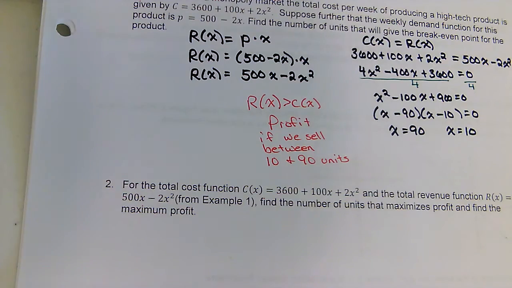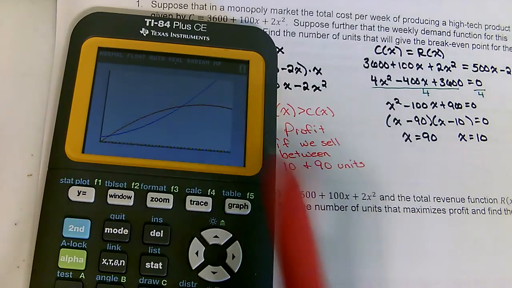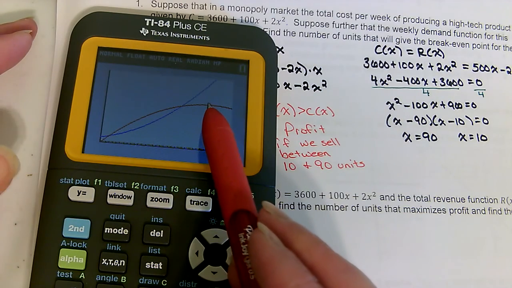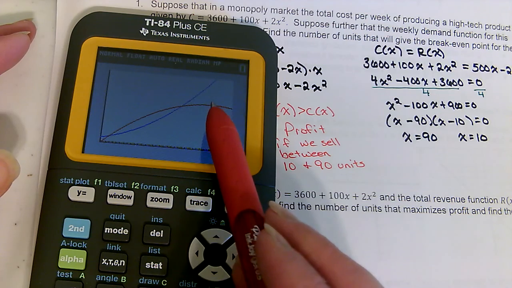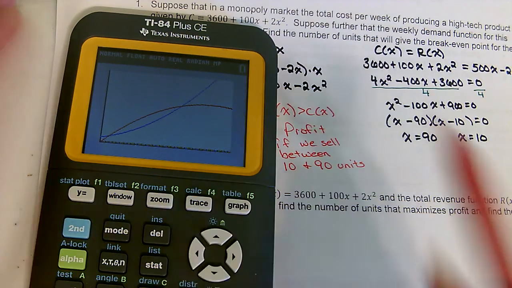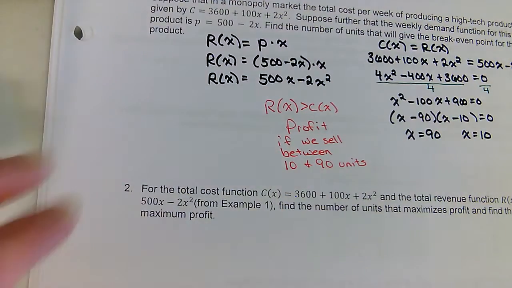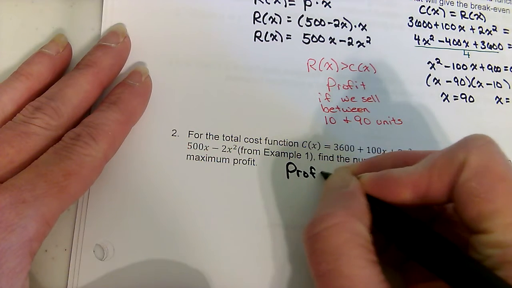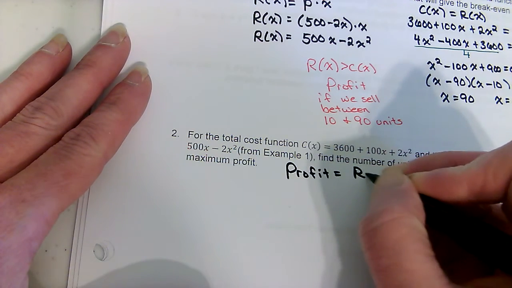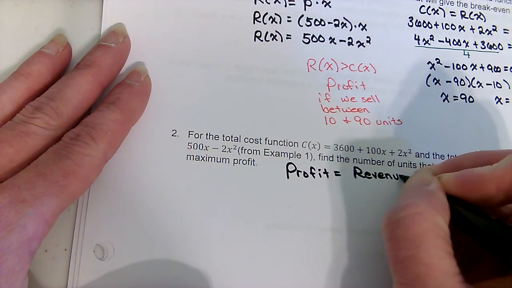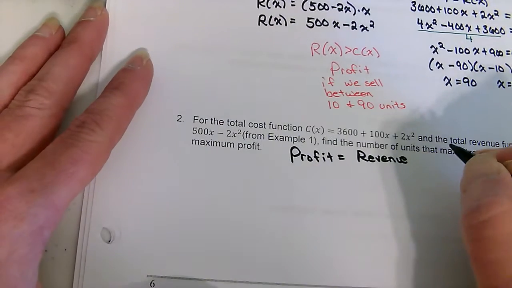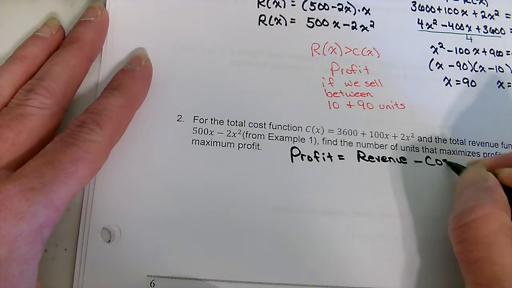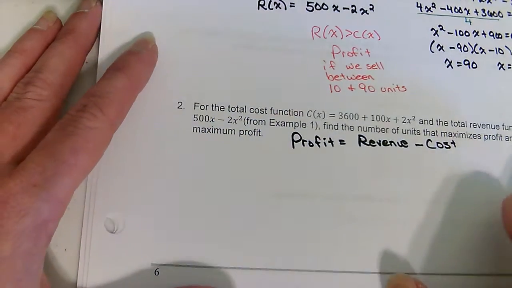So it doesn't say maximum revenue, because you see that the revenue function actually has its maximum over here, but that's not going to give me my maximum profit. So let's remember how to find profit. Profit is going to be revenue minus our cost. So it's a brand new function.